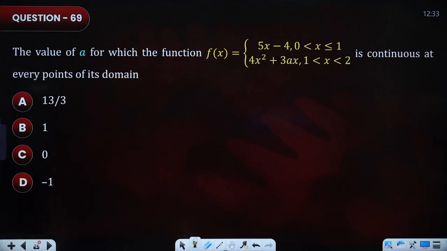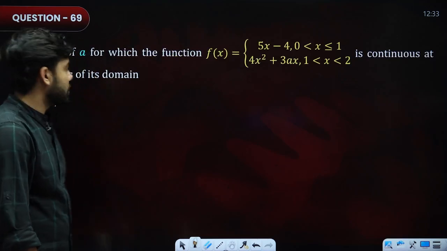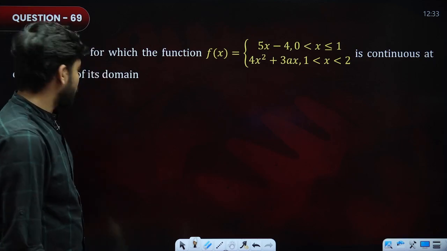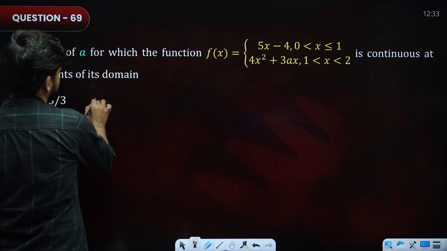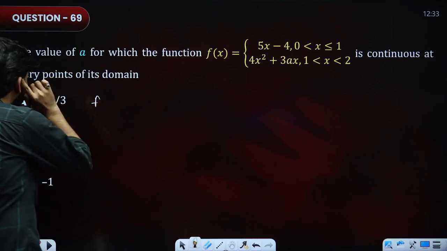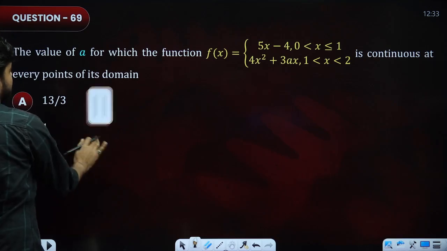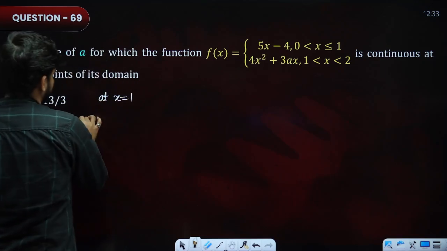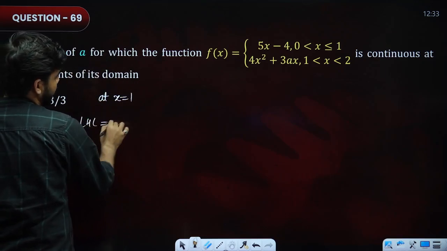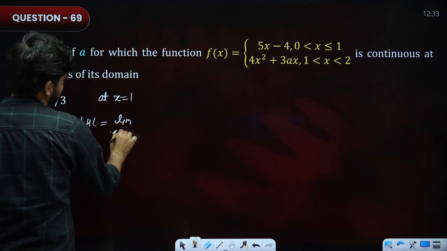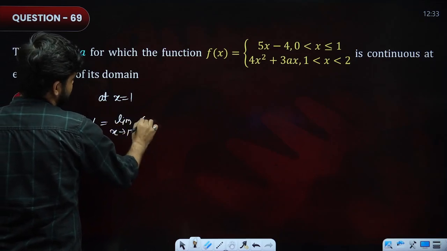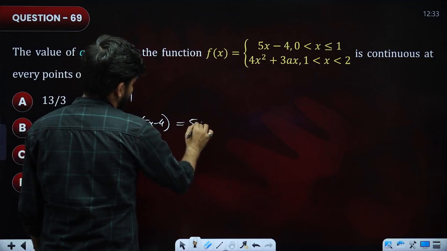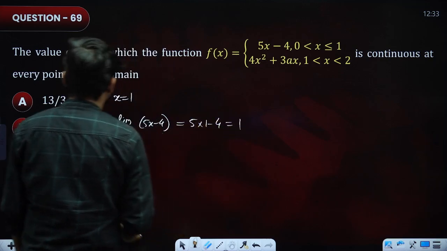The value of A for which the function is continuous at every point of its domain. Okay, so for that case we have to find the value of A. We just need to take at x equals to 1, try to solve for the left hand limit, x tends to 1 minus 5x minus 4. So it is equals to 5 into 1 minus 4, it is equals to 1.